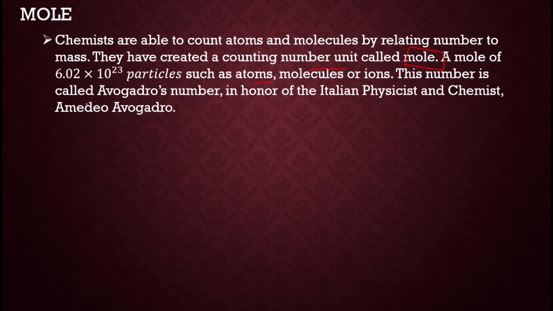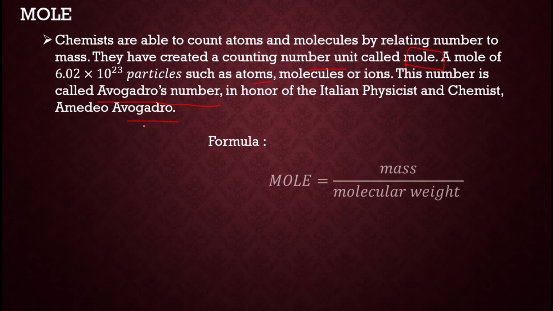This number is called Avogadro's number, in honor of the Italian physicist and chemist Amedeo Avogadro. In his formula, the mole is directly proportional to the mass but inversely proportional to the molecular weight.